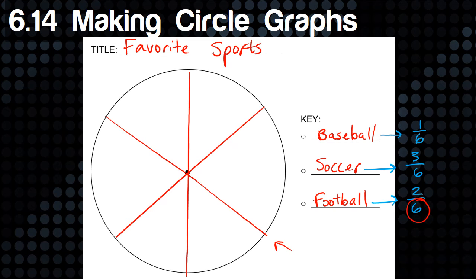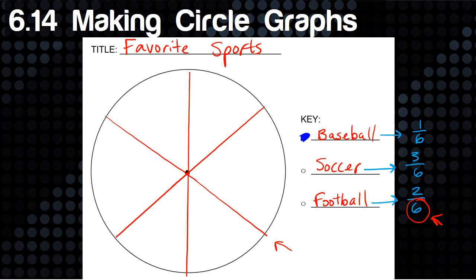And what we're going to do next, now that we have our circle graph cut into equal parts of 6, is some shading and coloring. So for this one, you can pick different colors, you can draw different designs in there. What I'm going to do is choose 3 different colors here. So baseball for me is going to be blue. So I'm going to color in my little circle blue.